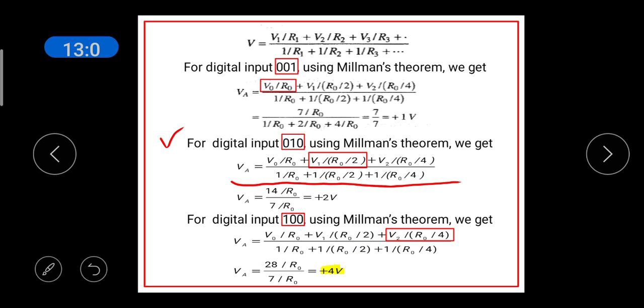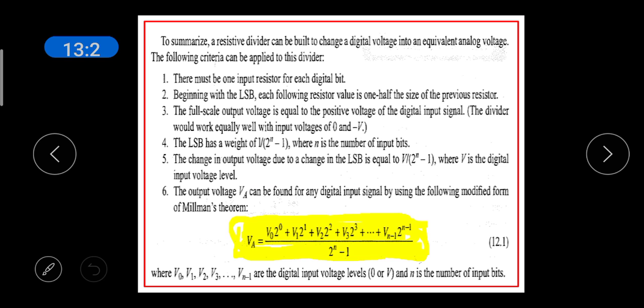So we can write VA as 28 by R0 divided by 7 by R0, which is equal to plus 4 volt. So using Millman's theorem, we have seen that for digital input 001, VA is plus 1 volt. For digital input 010, VA is plus 2 volt. For digital input 100, VA is plus 4 volt.